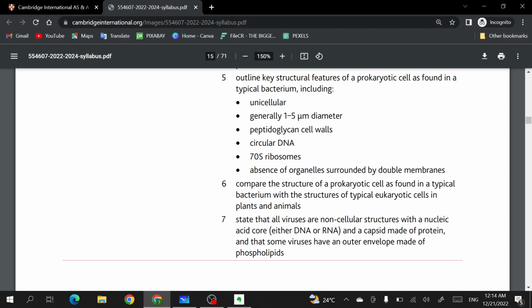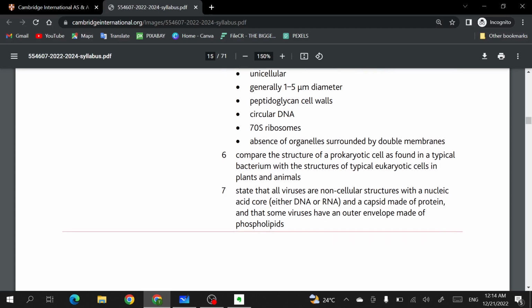Prokaryotes have circular DNA, eukaryotes have linear DNA. Prokaryotes have 70S ribosomes and eukaryotes 80S, and prokaryotes lack organelles surrounded by a double membrane. Eukaryotes have many organelles, and three are surrounded by a double membrane: nucleus, mitochondrion, and chloroplast. So you compare the structures.